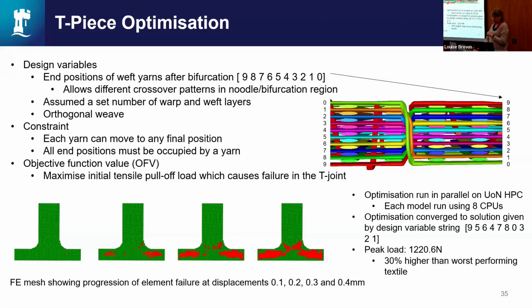He was doing it to initial failure, so he looked at the global number of failed elements, and when they passed a certain amount, he deemed it to have failed. This is the progression of the failure. He ran the optimization and came out with an optimum. So the peak load was 30% higher from the worst performing to the best performing.